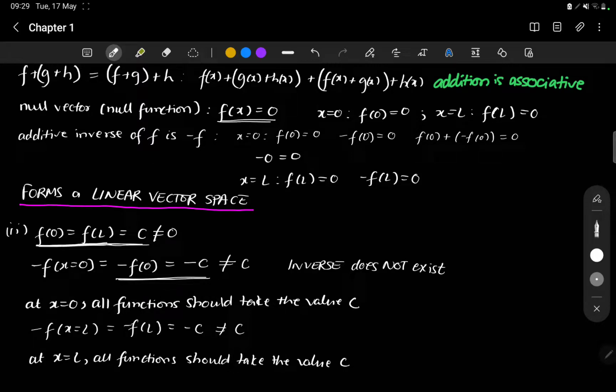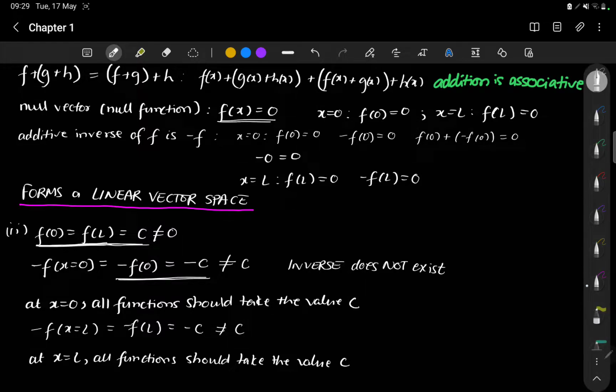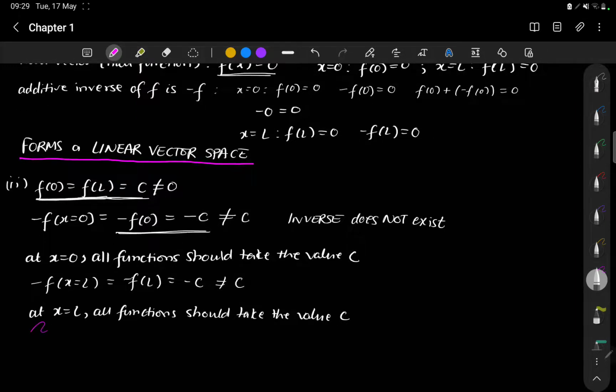So this inverse function is not a member of this class of functions. So the closure is not satisfied for this inverse function. That means this inverse does not exist in this set of functions that we have. So because the inverse does not exist, this set of functions does not form a linear space.